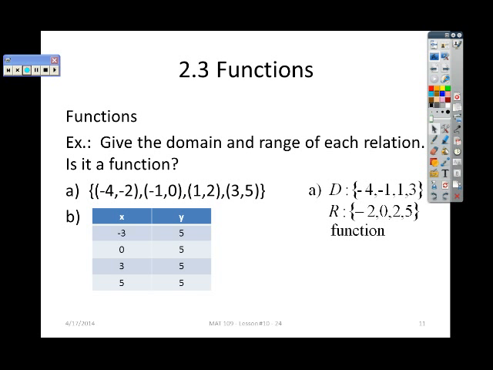And the range? Is that a function? Yeah. I don't have any repeating first ones, so it's a function. Doesn't matter that all of the second ones are the same number. That doesn't have anything to do with whether it's a function.